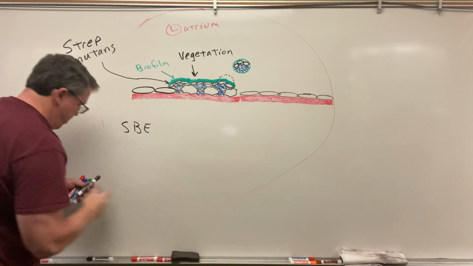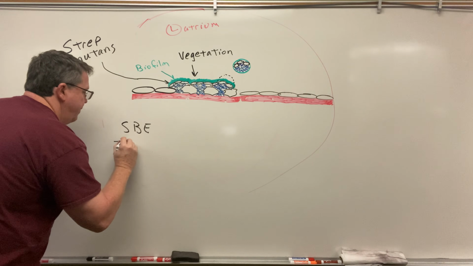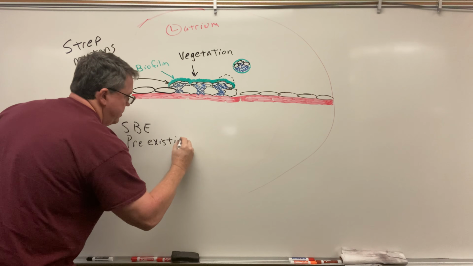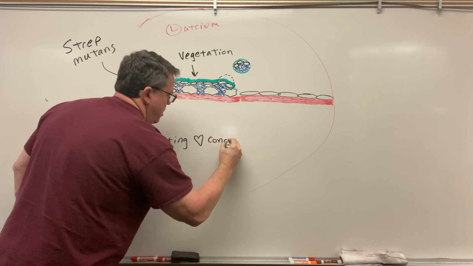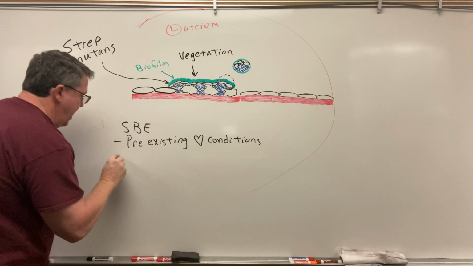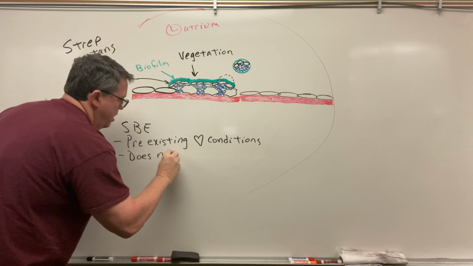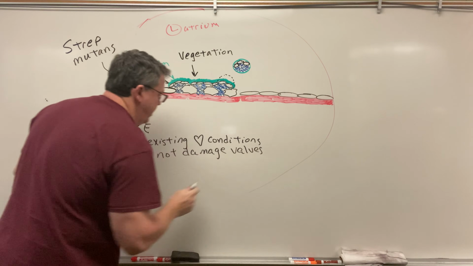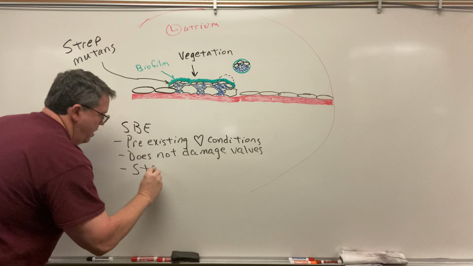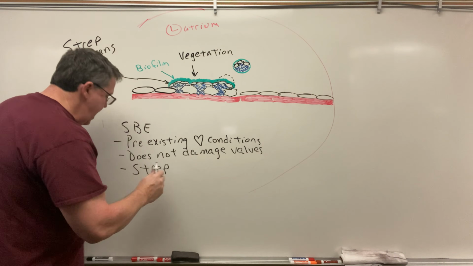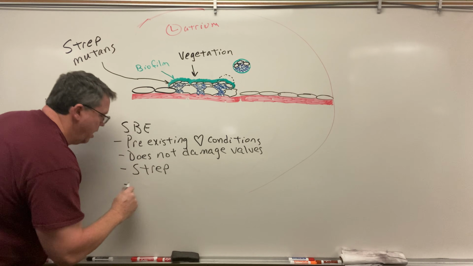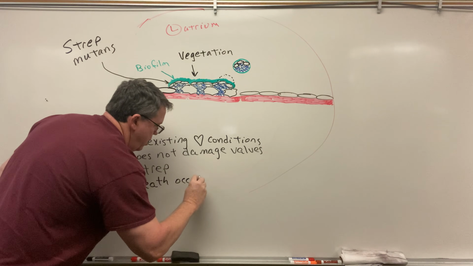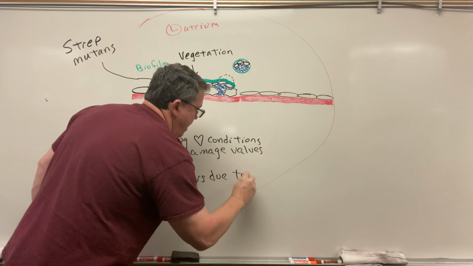So in subacute bacterial endocarditis, it's the people, there's pre-existing heart conditions. All right, it does not damage valves. It's usually caused by strep, and basically death occurs due to damage to other organs.